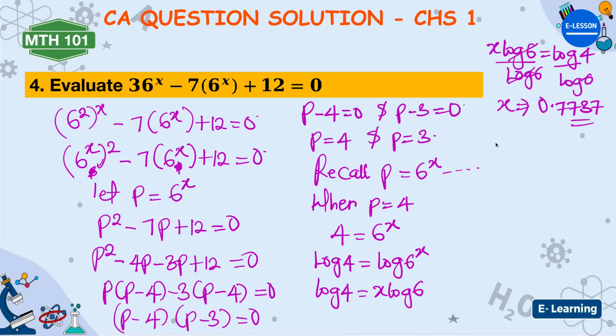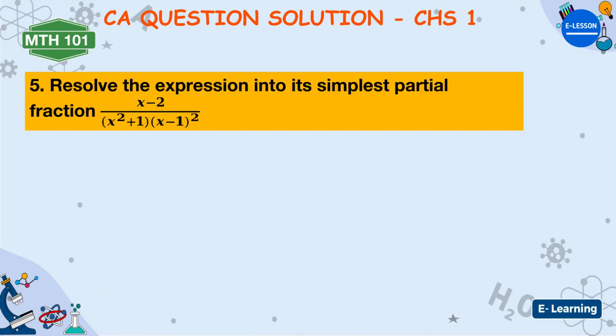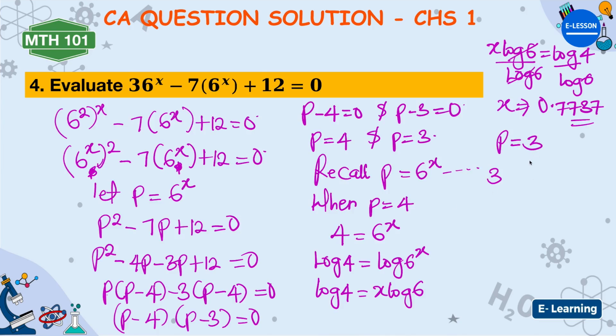Then for the second one, when p is 3, it will not be 3 because p is equal to 6 to the power of x. So when p is 3, it will be 3 is equal to 6 to the power of x.